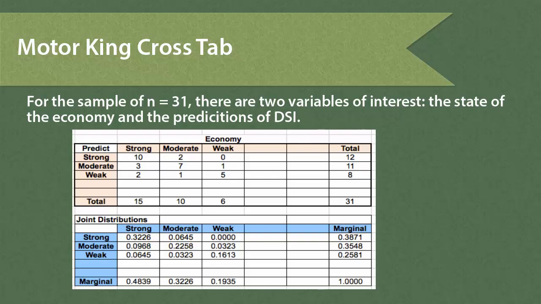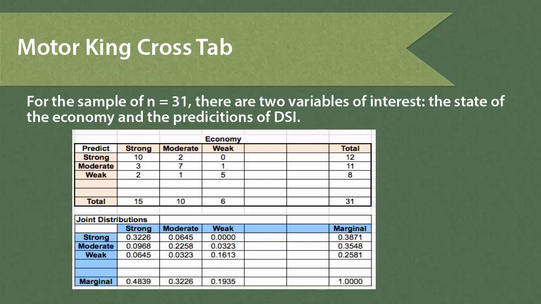And we can see on the crosstab the column total of 15. And we can see in that column 10 predictions of a strong economy. The other 5 times the economy was strong were also given. DSI predicted moderate 3 times, and they predicted weak twice.